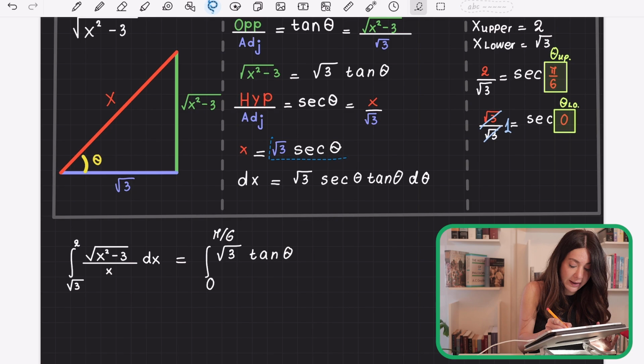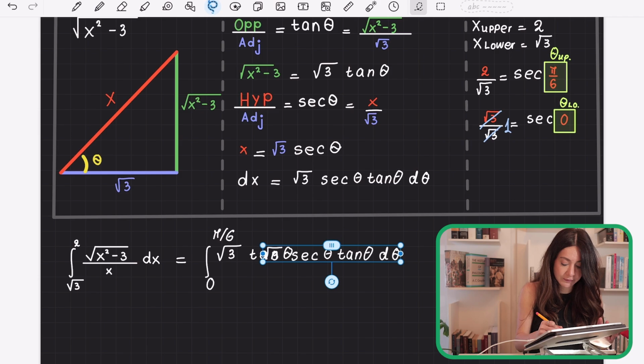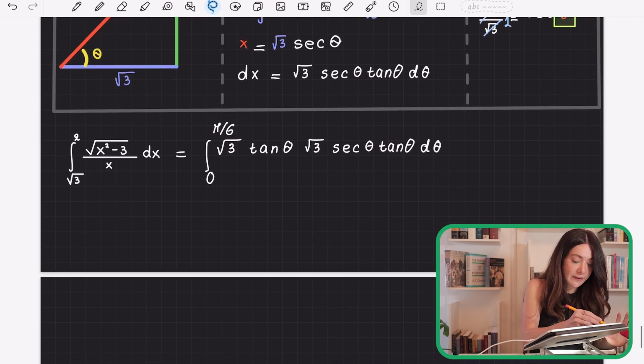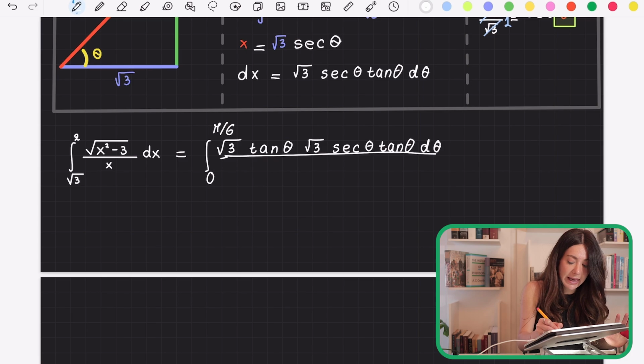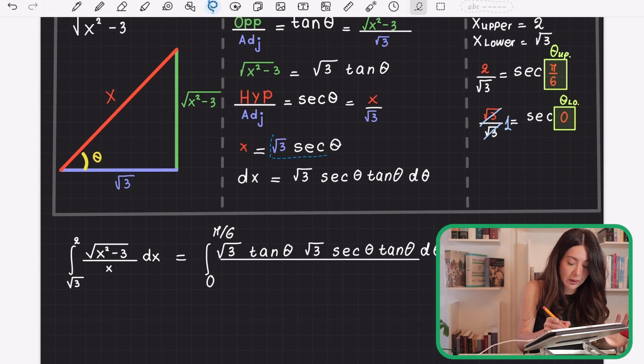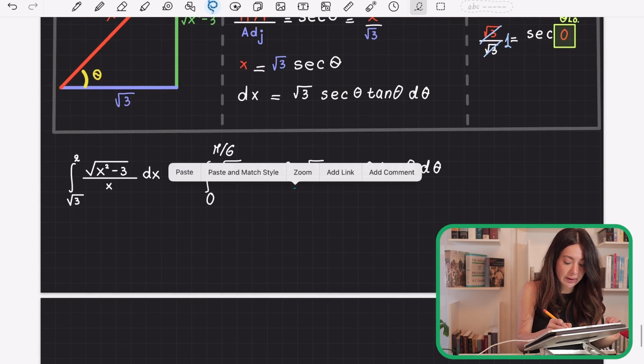Then times dx, and dx equals to all of that stuff. That's fine. And all of that divided by x. And what is x equal to? You look in your neat translation, kind of created a little dictionary there, didn't you?